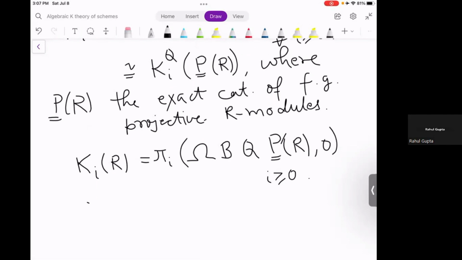You have seen the G-theory of a ring also, which was defined in a similar way. I will write it in this form just to emphasize that this kind of construction is there.